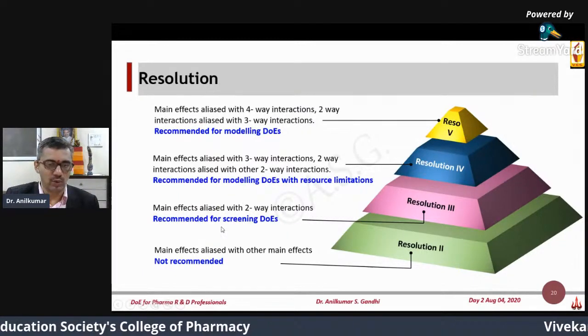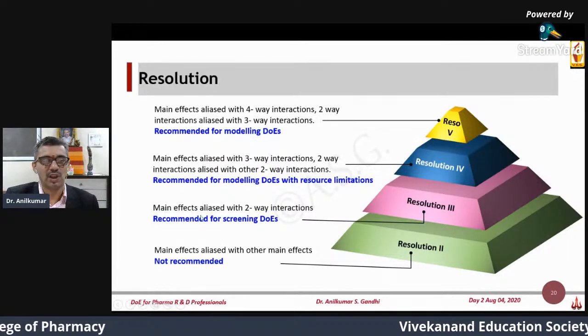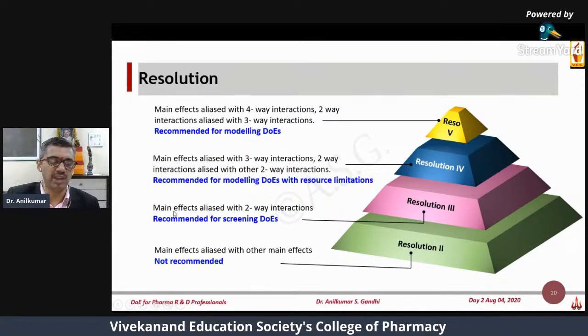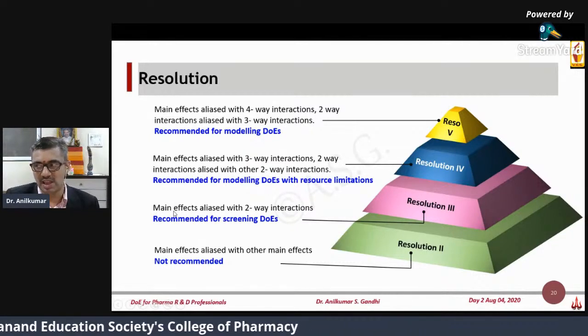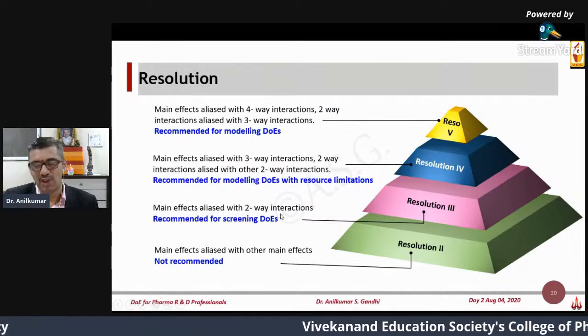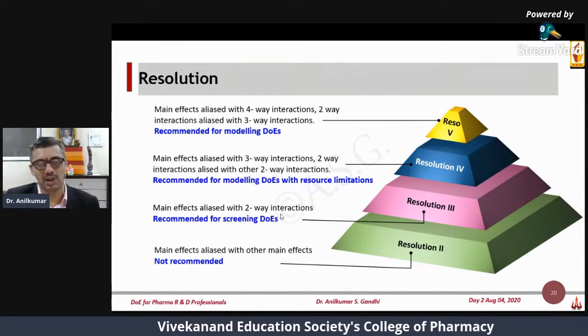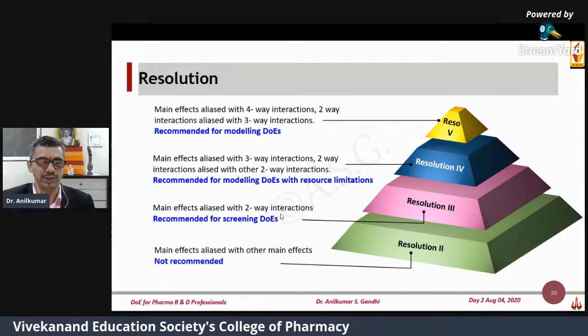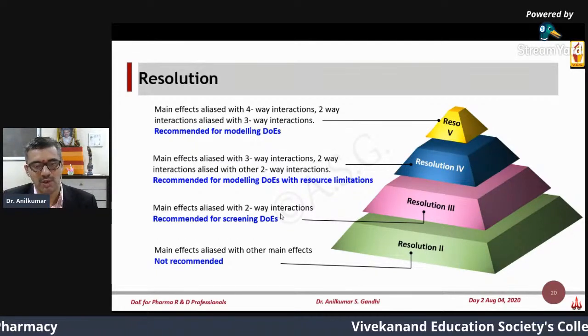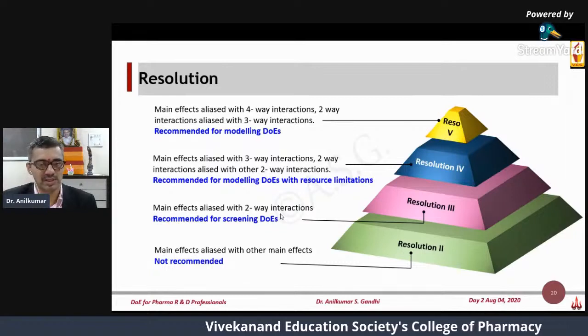This is recommended only for screening because two-way interactions will be affecting main effects. So you will see in the example that screening designs can be used only where we have a very significant effect coming from the main effect and there are no interactions. Like we saw yesterday in the paracetamol case where there were no interaction effects.